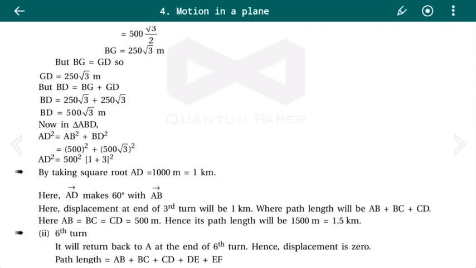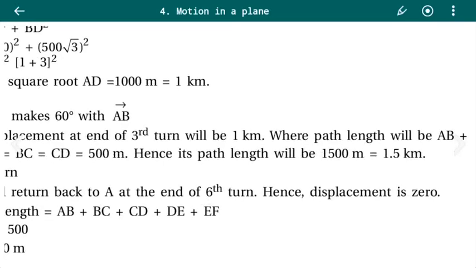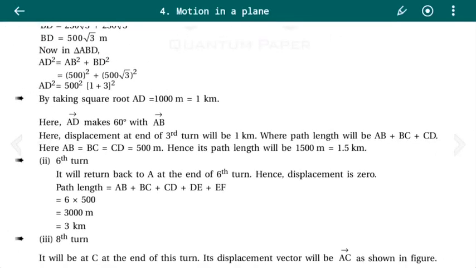Here displacement at the end of the third turn will be 1 kilometer, whereas the path length will be AB plus BC plus CD, that is 500 plus 500 plus 500 meters, which is 1500 meters, that is 1.5 kilometers. So in this case the displacement is 1 kilometer and the path length is 1.5 kilometers.